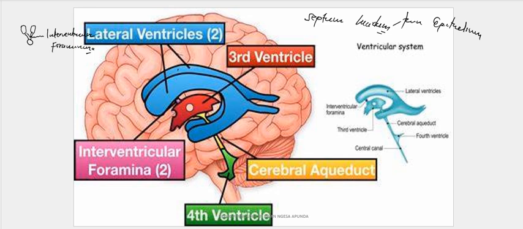It communicates with the fourth ventricle by use of the cerebral aqueduct. So we are having the cerebral aqueduct, a communication between the third and the fourth ventricle. And as you'll be able to see, the fourth ventricle is in continuation.